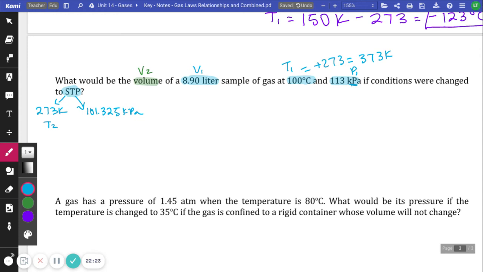All right, and then we'll just plug it into our equation. So P1 V1 over T1 is equal to P2 V2 over T2.